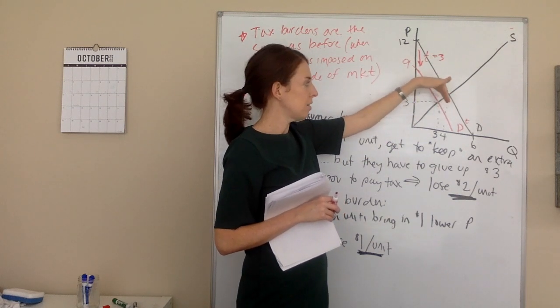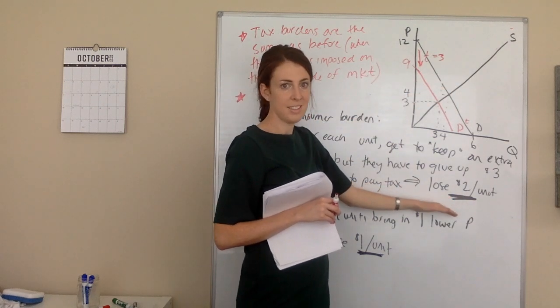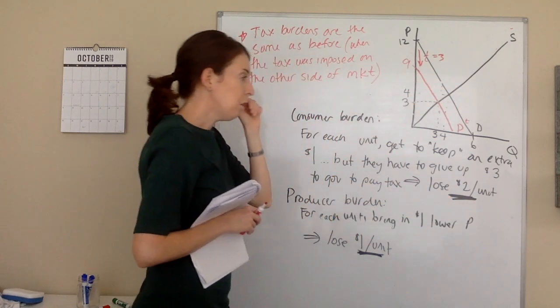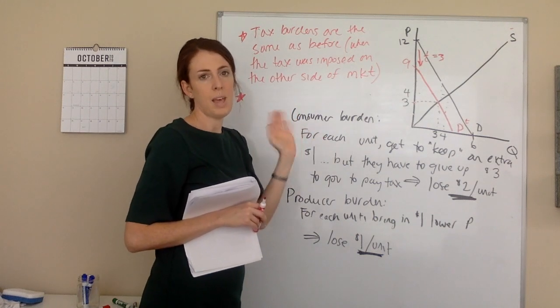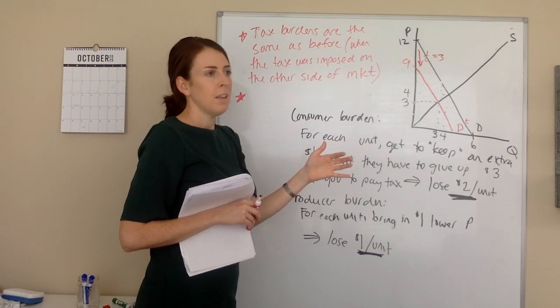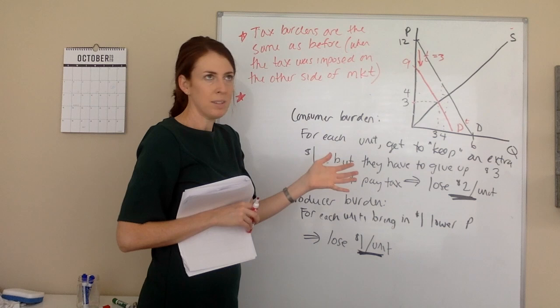And since it's still more inelastic than the supply, they still have the bigger burden. So really the takeaway here is that when we're thinking about a government slapping a tax on a market, sometimes it's politically convenient to say that you're going to tax one side of the market.